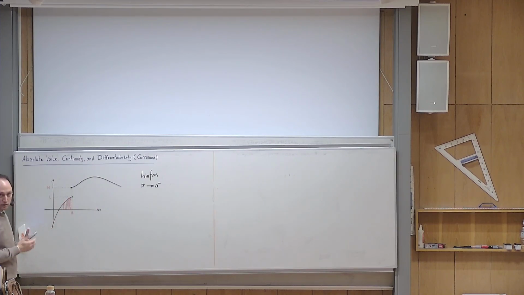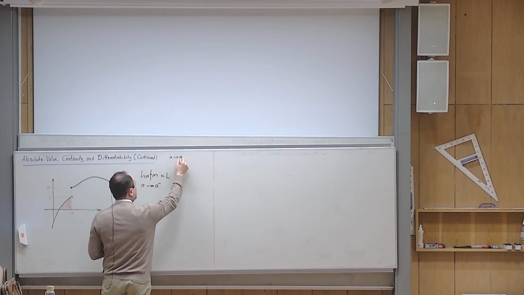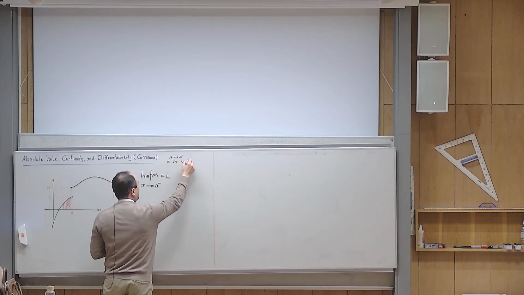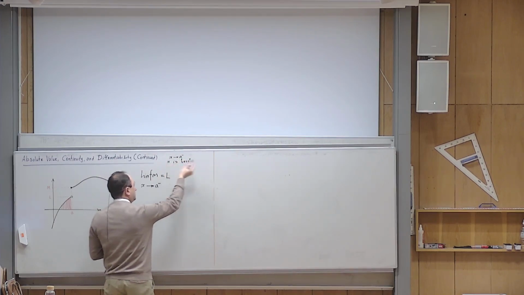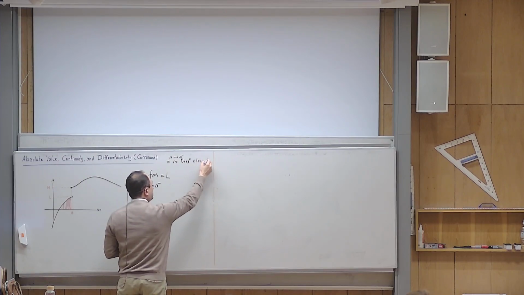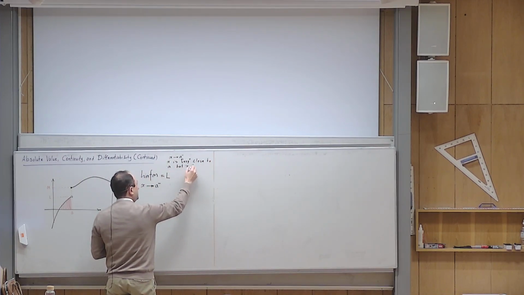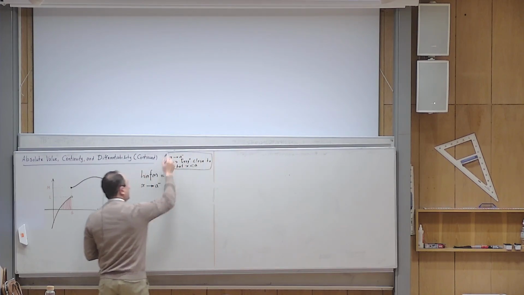L. Yes? So this becomes L. And I told you before, this symbol means x is very close to a, but this 'very' is a little bit ambiguous, but we have to live with it at this level. So x is very close to a, but x is strictly less than a. So this is the meaning of this symbol.